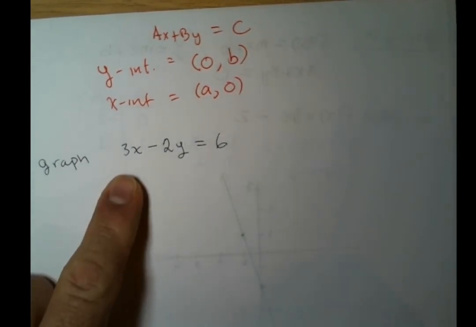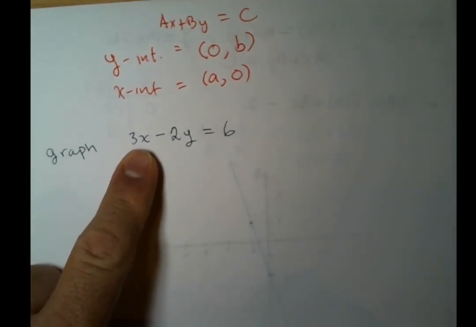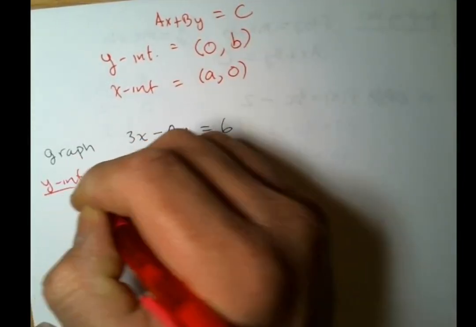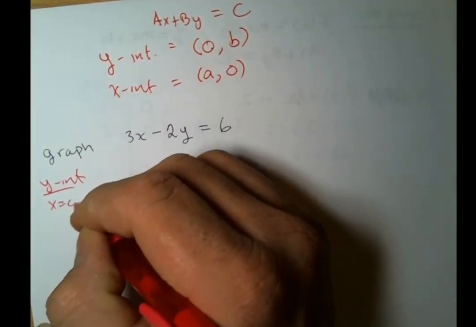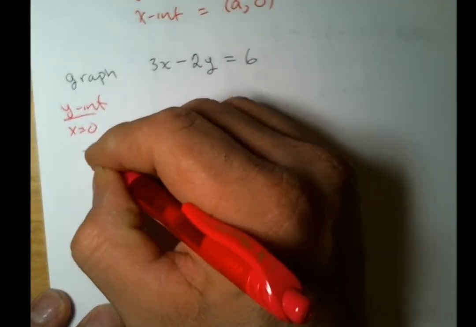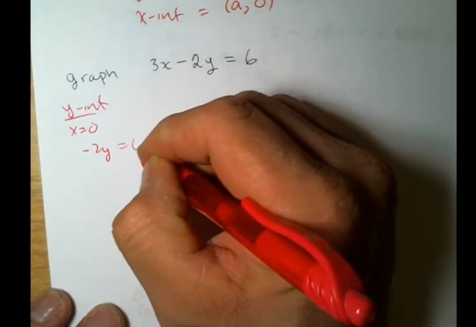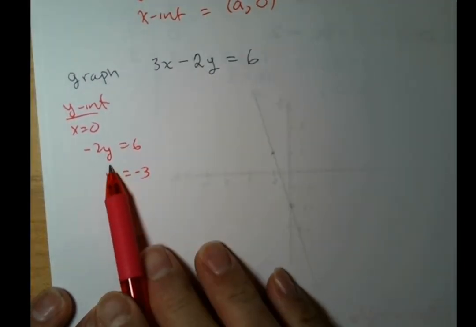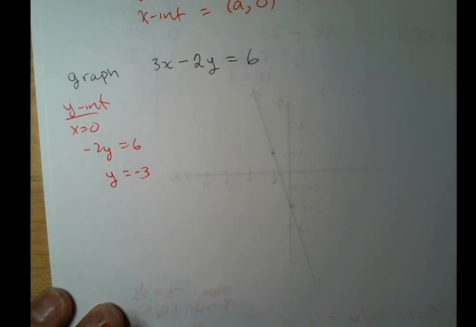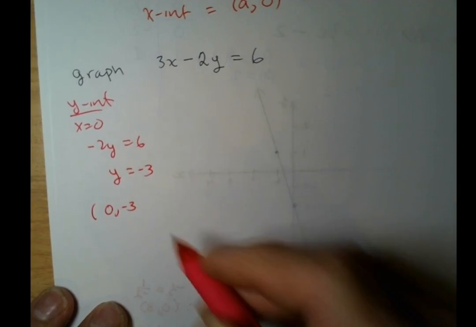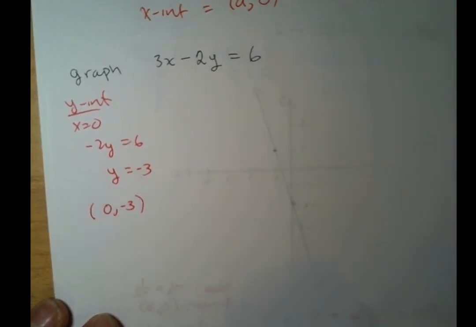Here, that just means they're easy values to calculate. So for the y-intercept, the x is equal to 0, and when x is 0, we're left with negative 2y equals 6, or y is equal to negative 3, by dividing both sides by negative 2. All right, so now we found our y-intercept, 0, negative 3.